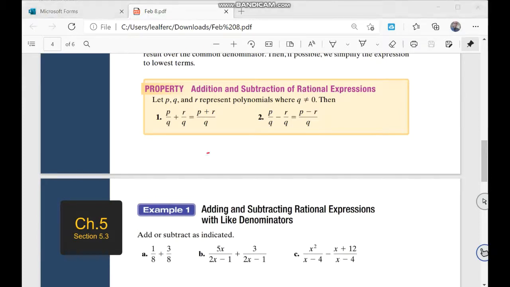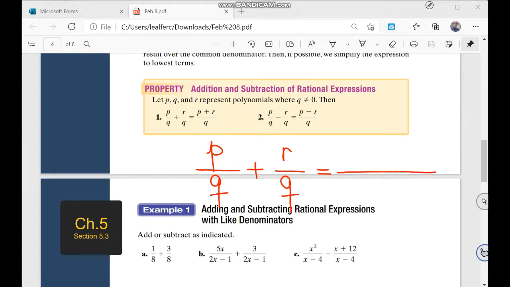Let's say you have a polynomial p over another polynomial q, and you want to add a polynomial r over q. They have the same denominator, right? Q is equal in both, identical.